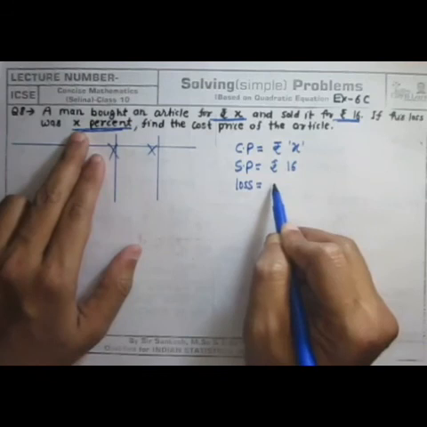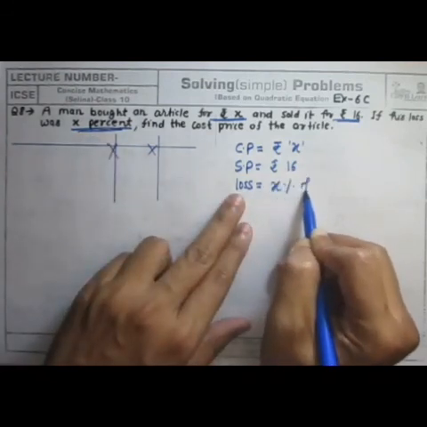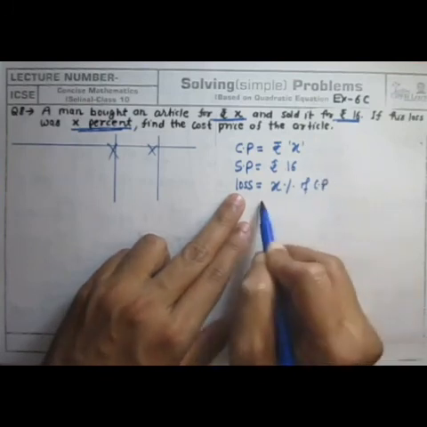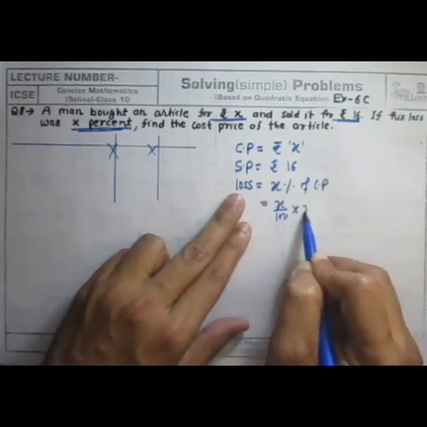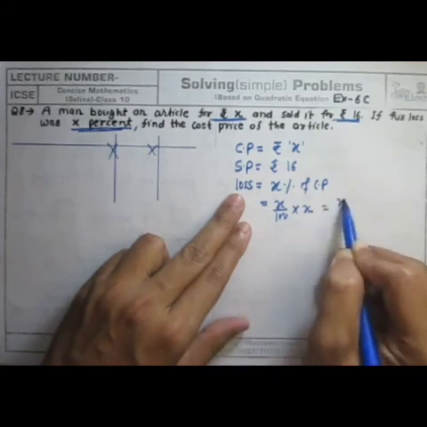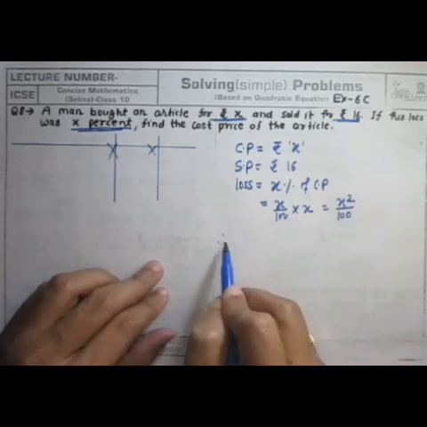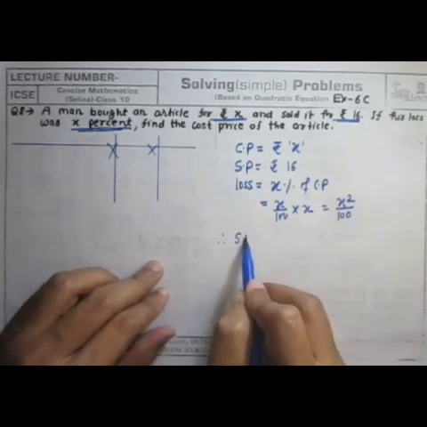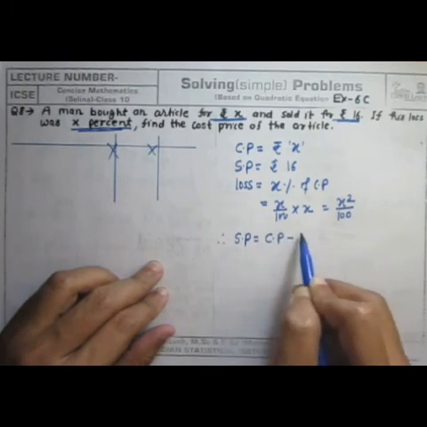Now the loss is given x%, so the loss will be x% of cost price. So x by 100 into cost price x, so it is x square by 100, and we know that selling price must be equal to cost price minus loss.